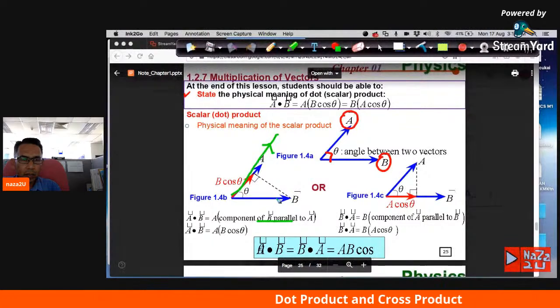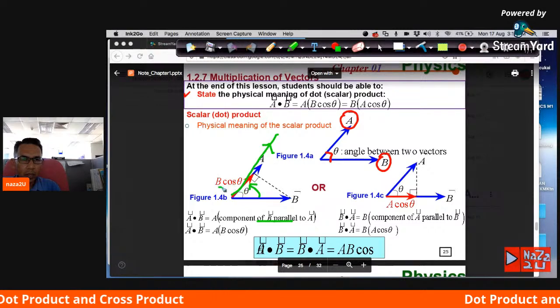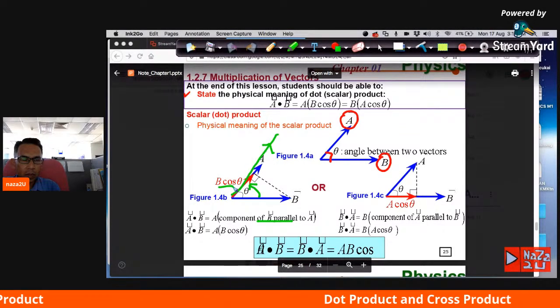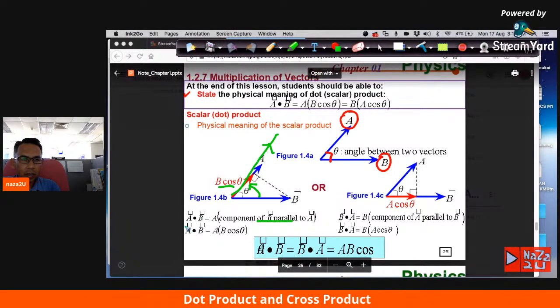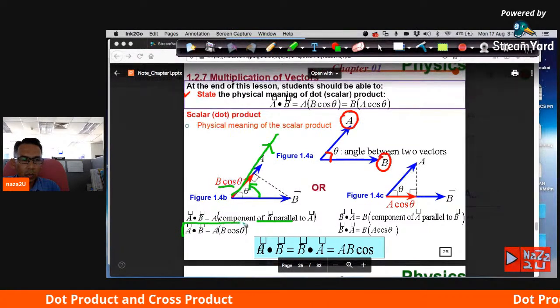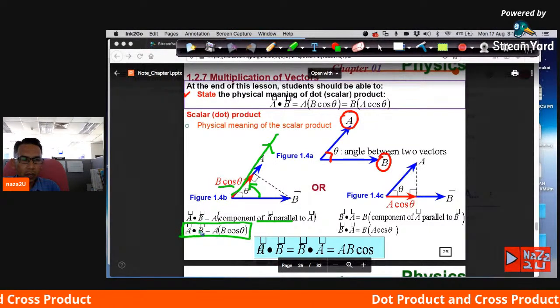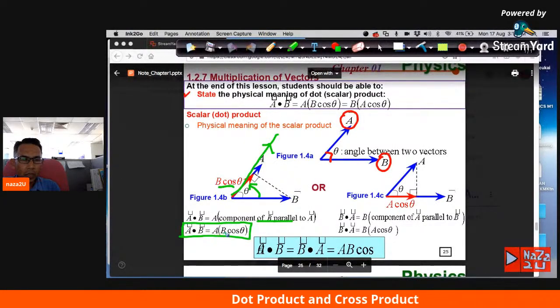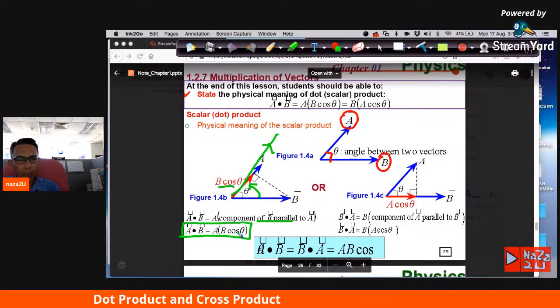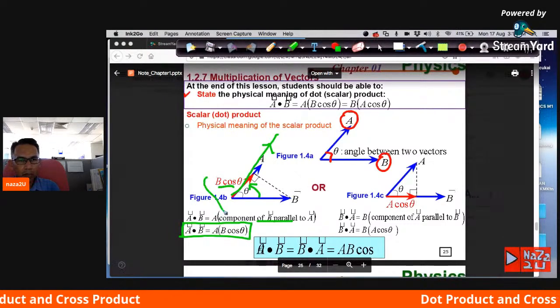So you resolve vector B along vector A. This is B cos theta. The equation here is vector A dot vector B, A dot B is equal to AB cos theta. So the B cos theta is here.